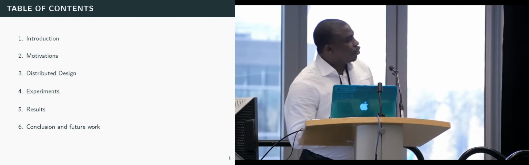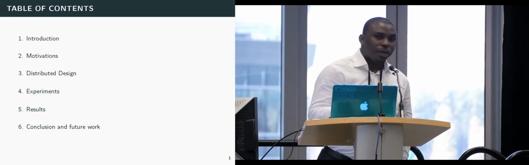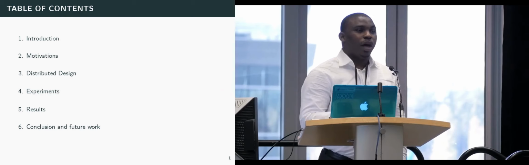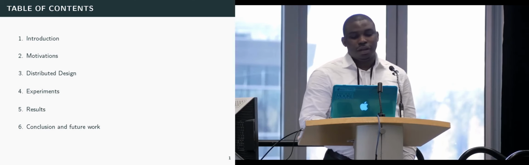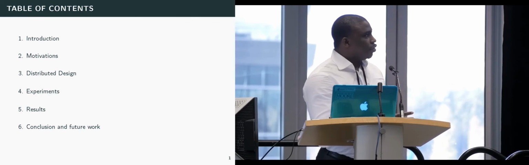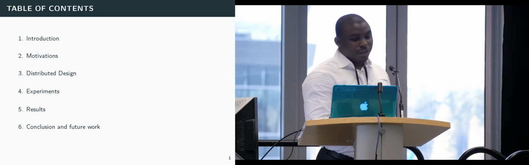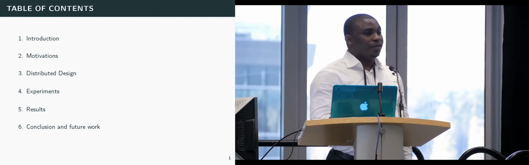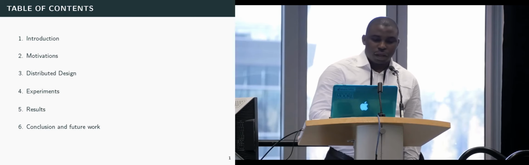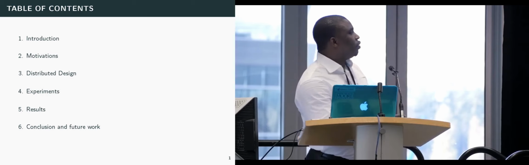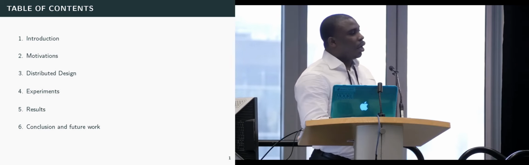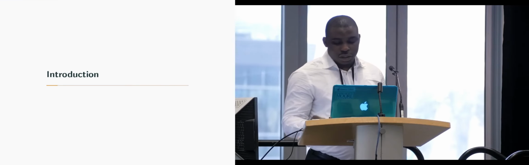So today, I'm going to explain the background of why we did that, give the motivations for this particular research, and then show the distributed algorithm. I have deliberately skipped some mathematics, but that can be found in poster 51 this afternoon. Then the experiment we did, the results showing how our hypothesis performed, and then we'll conclude.